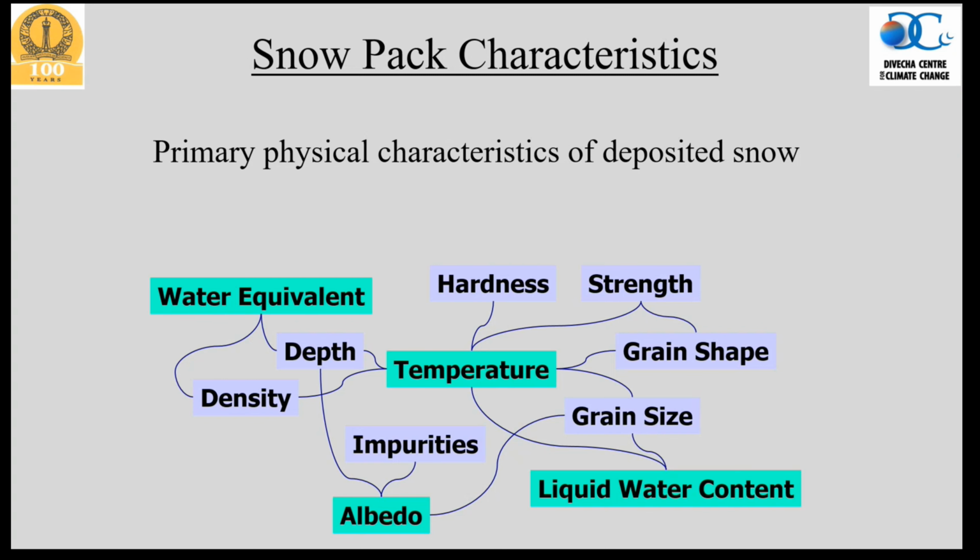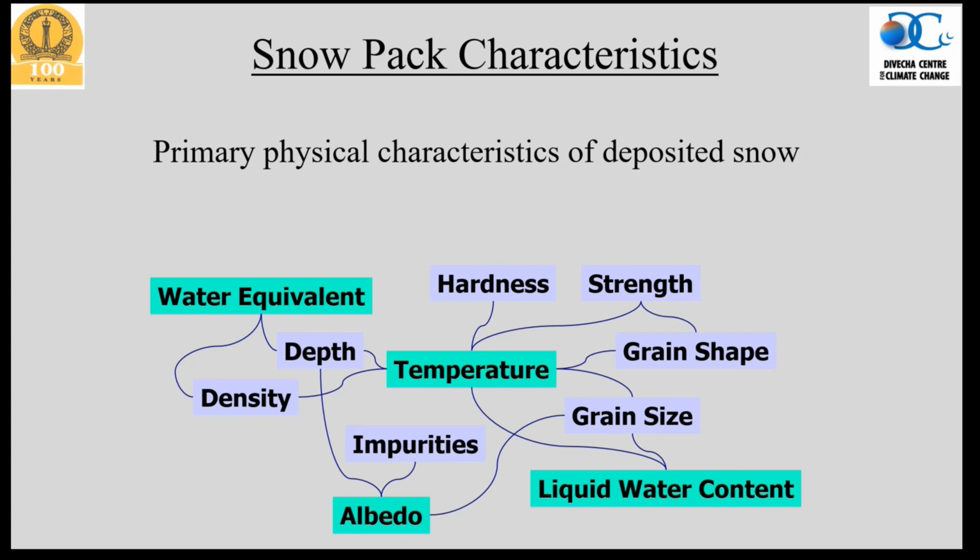In addition to that, another important characteristic of snow is the albedo. And albedo is significantly affected by certain characteristics of the snowpack. These are impurities. That means how much clay content or black carbon, whatever way you want to say that, impurities or soil on the snowpack, really reduce its albedo.